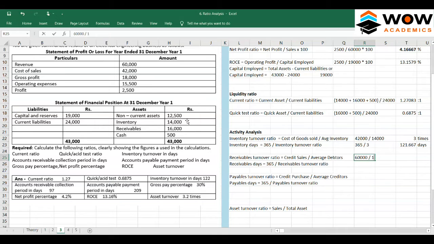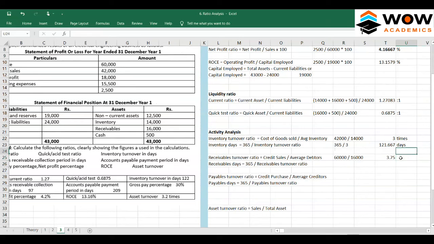Debtors value is 16,000. So here we can take 365 divided by 3.75 and we'll get the days answer.